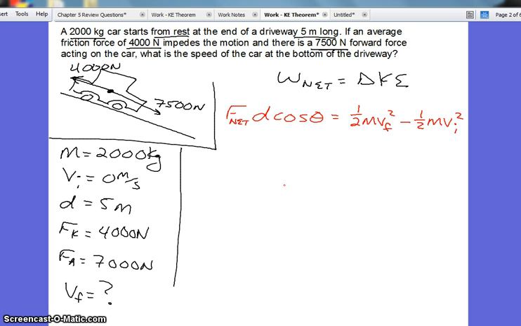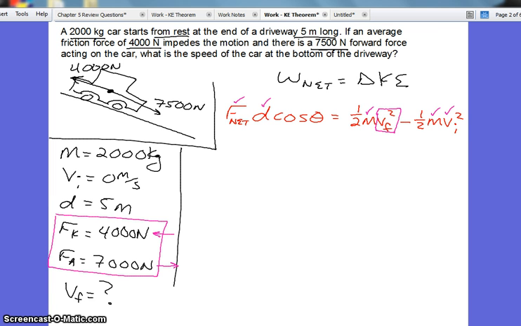So to solve for the final speed, which is what we're looking for, we need to know the initial speed, which is 0, the mass, which is 2,000, the distance, which is 5 meters. We need to know the net force, that's the total force. Well, we have two forces here: an applied force, which is forward, and the friction, which is backwards.